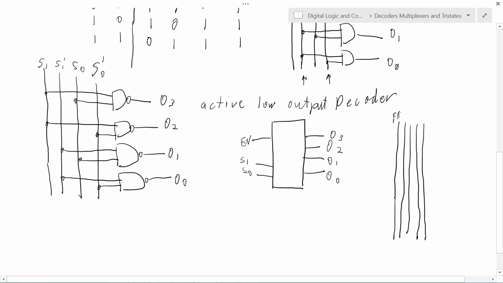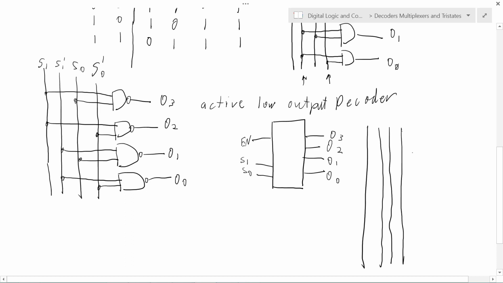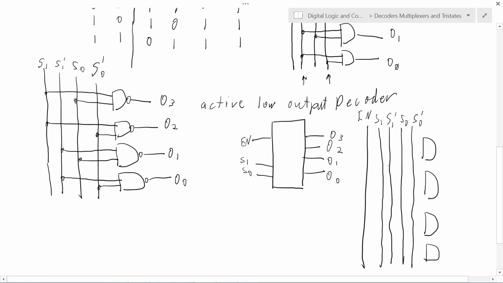So this is our enable, S1, S1 prime, S0, S0 prime, and then we draw our 4 AND gates again. So O3, O2, O1, and O0.